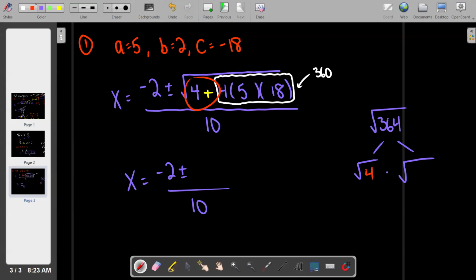And again, it's not a crime to take an obvious thing as long as you're aware of the fact that there might be more. Who cares? What's left of four? Four times what makes 364? 91. Good.